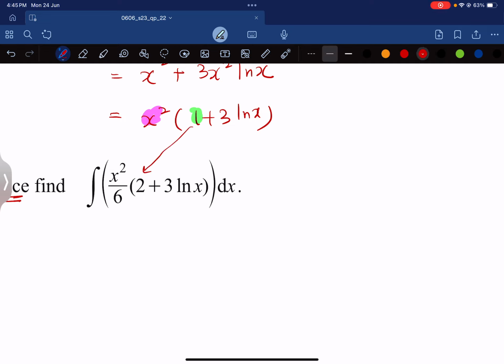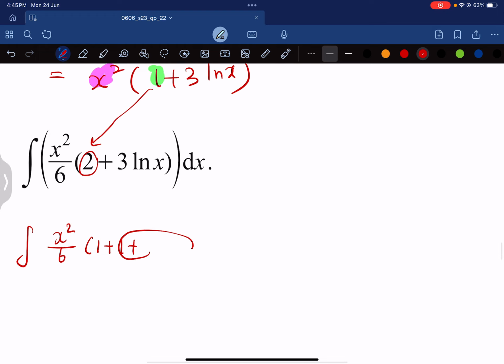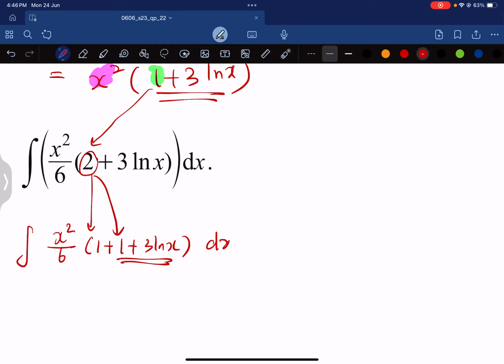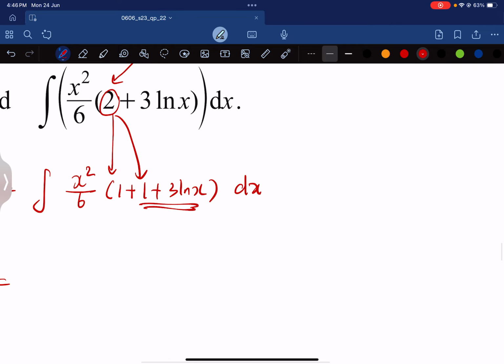So we try to only do this thing. I factorize a 1 plus 3 ln x out. This is the only way, I guess, to do this, without changing the 3 ln x, but we can change the 2 to 1.